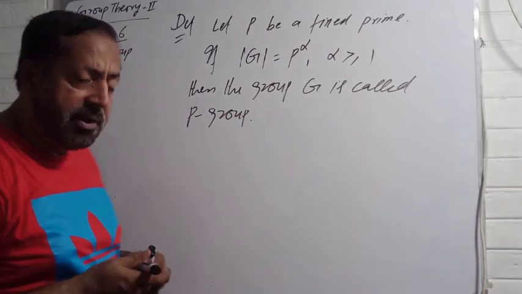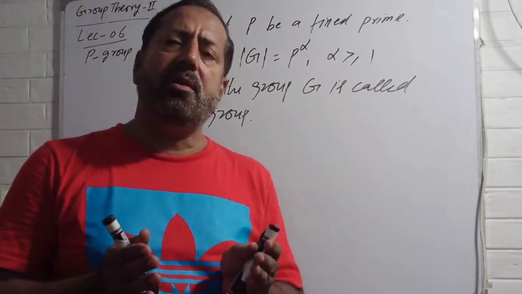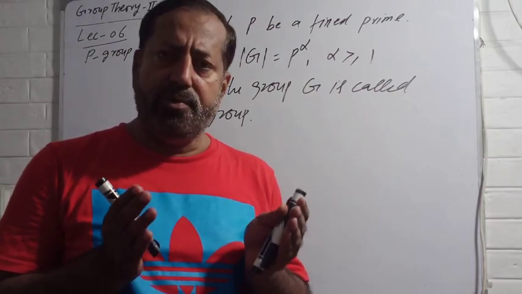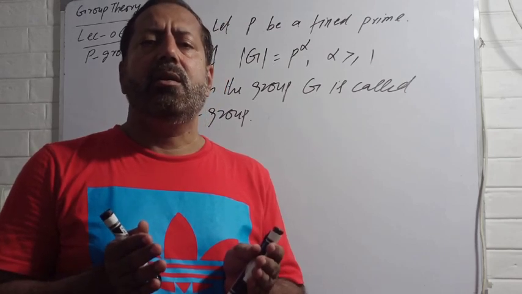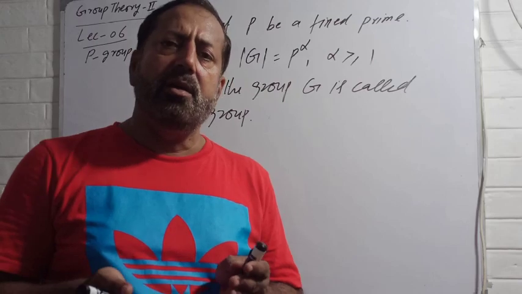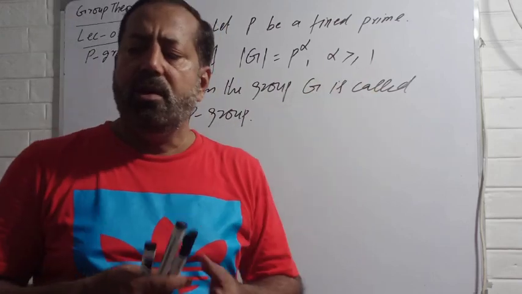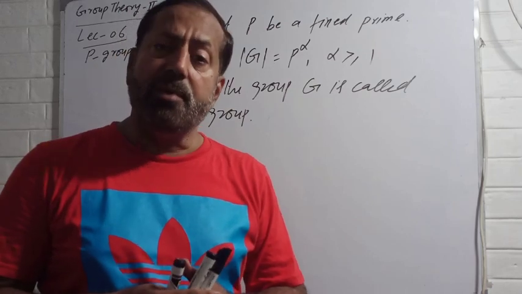Okay, so what is the definition? If you can express the order of a finite group G as some power of a fixed prime P, where the power should be greater than or equal to 1, of course, then we say that G is a P group.